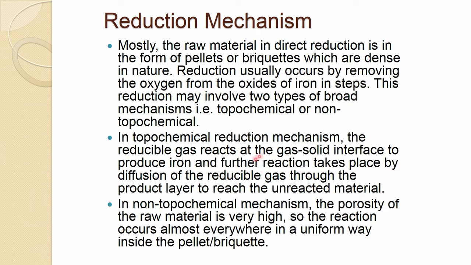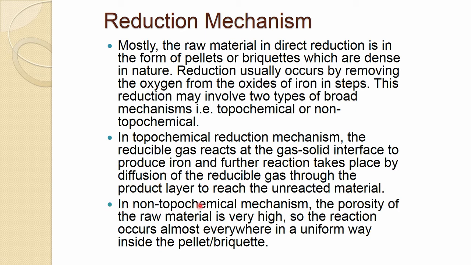You will understand this more in the next slide, where the figure is. But remember, further reaction takes place only by diffusion of this reducible gas through the product layer to reach the unreacted material.